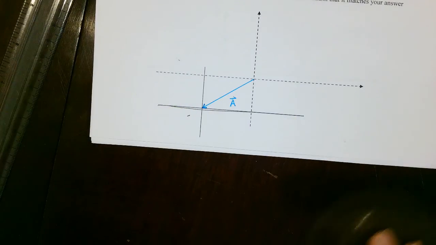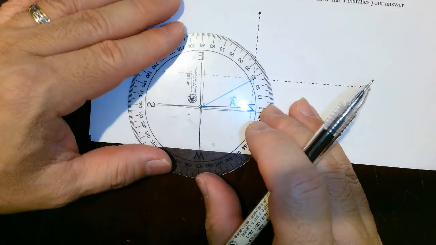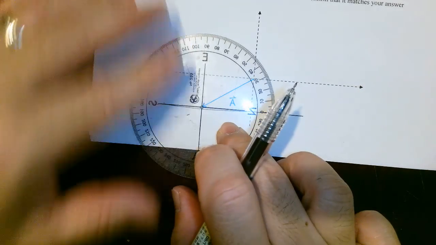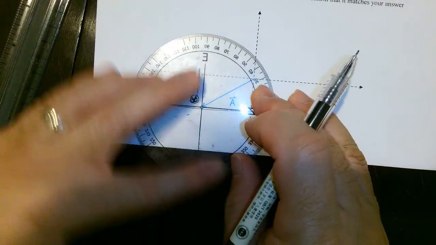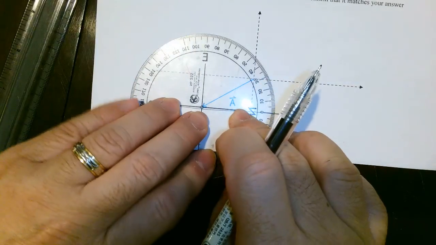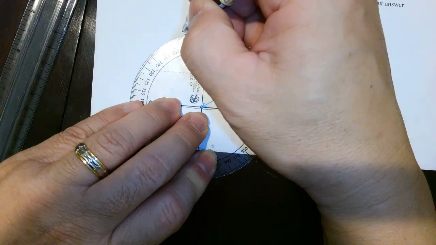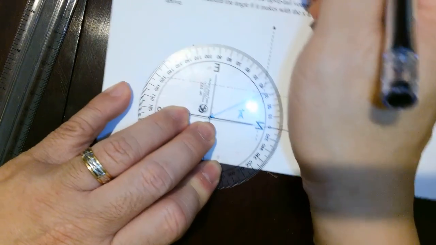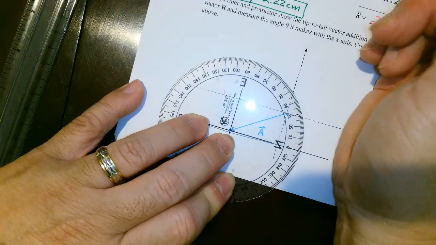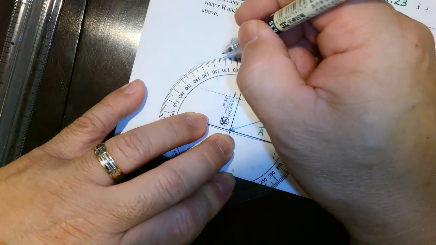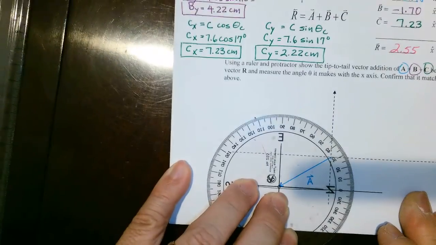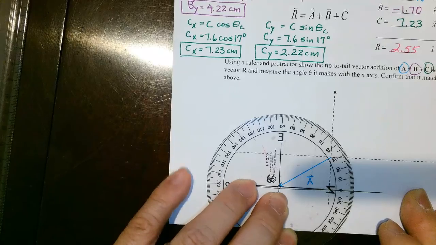Now I will measure for my B 112 degrees from that crosshair. 112 is right here. I don't know if you can see that 112. Maybe it's slightly off. Parallax. Alright, so 112.